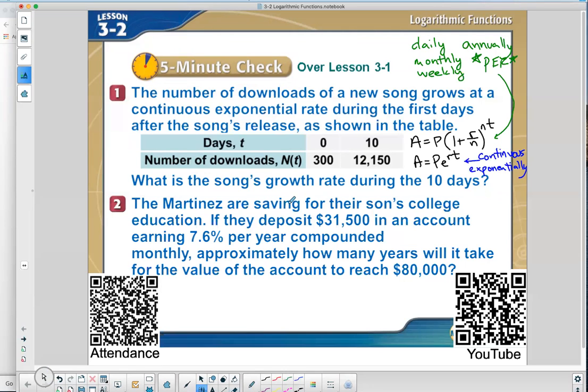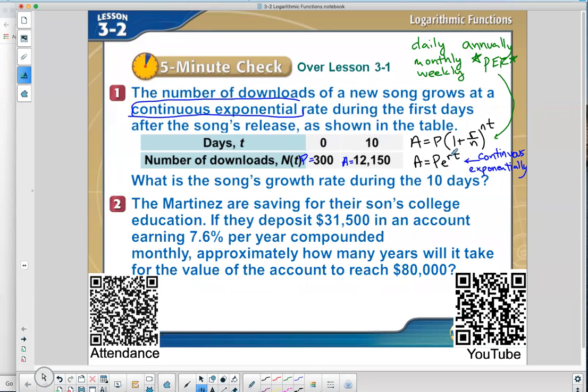Okay, do you see any of those words? Continuous, exponential. Yeah, there are both of them right there. Which means, if we're going to solve this problem correctly, we need to use what I call PERT. A refers to the final amount. So when I look up at the four values, the final amount is the 12,150. So this is my A. P is the initial amount. So that would be the 300.